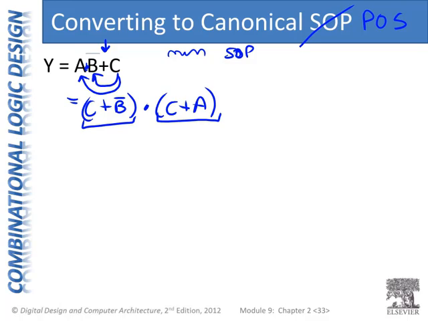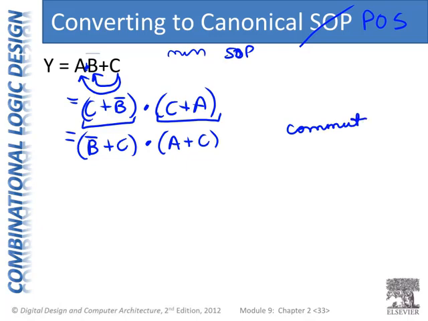But because there's that OR there to start with, we go ahead and use it to our advantage to get our initial sum terms or initial OR terms. And I can rewrite this so that it's in alphabetical order, B bar or C, just using commutativity, and A or C, commutativity across those OR operations.